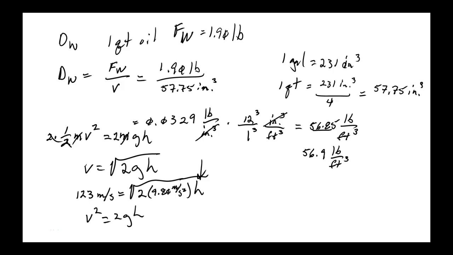I squared, and after the square, I divided by 2 and then divided by 9.80. You got to divide by each of them, because you're trying to isolate the H. And then I got 77,188, and you said we're doing 3 digits. Yep. So we round, so it'd be 77.2.